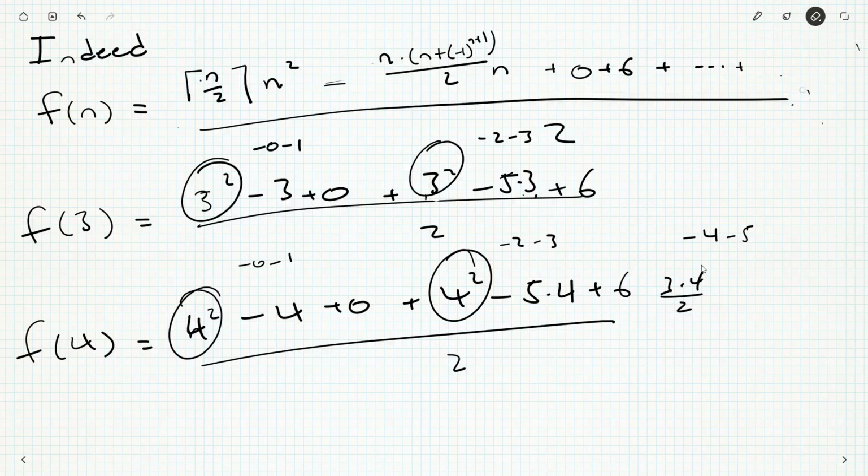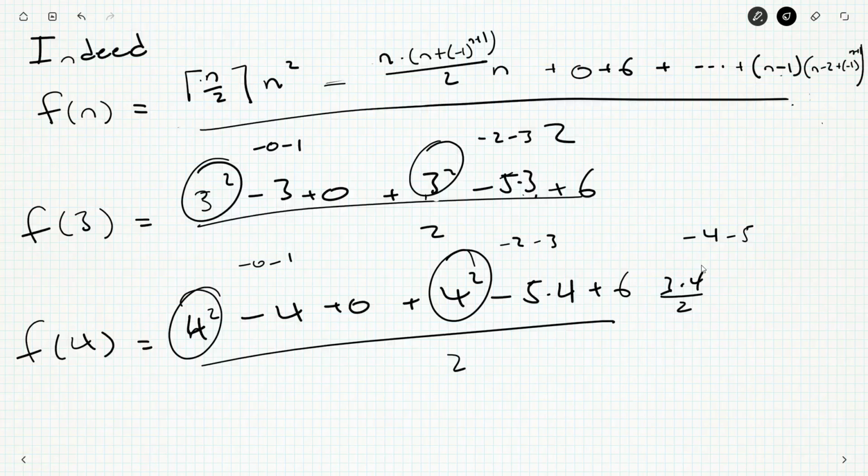So I think it needs to be n minus 1, and then n minus 2, plus negative 1 to the n plus 1.